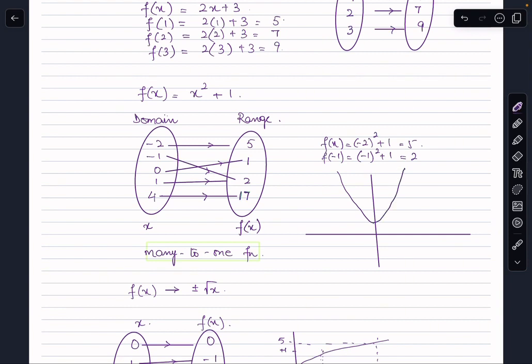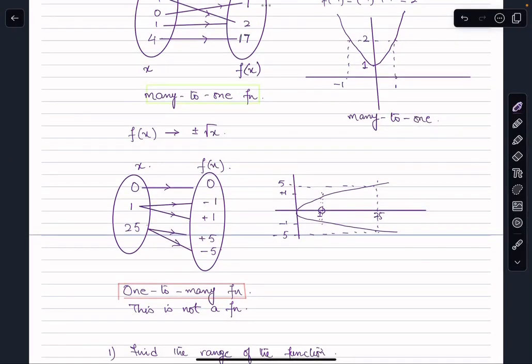When x is 0, the y value, or the range, is 1, and we are getting two x values giving the same y value, meaning when x is negative 1 and when x is 1, the answer was equal to 2, and this is a valid function then. So this was a many-to-one. So always remember, quadratics are always valid functions.